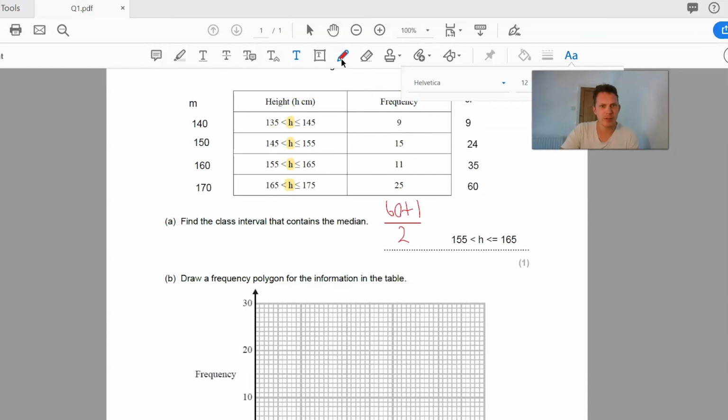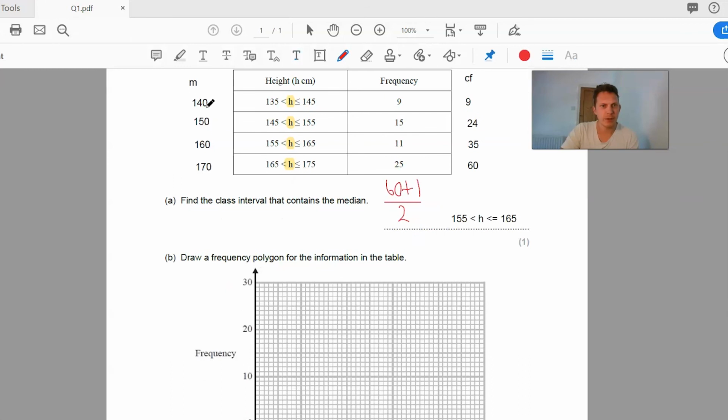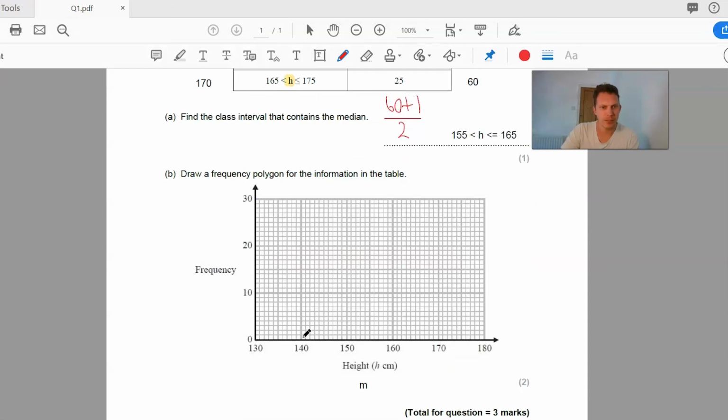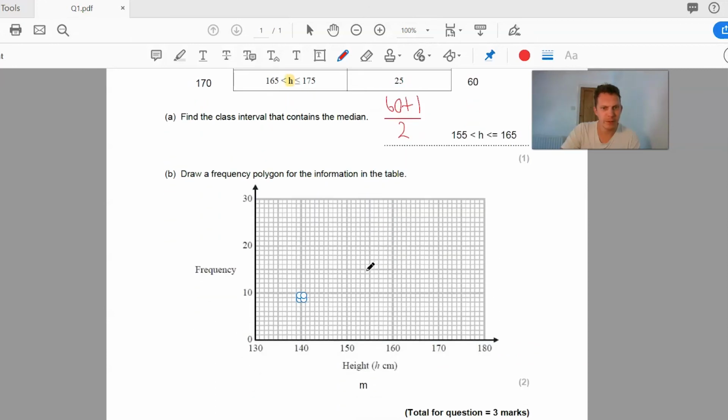So I'm just going to take a pen, and my first one, my midpoint is 140 and my frequency is 9. So 140, I'm going to go up to 9, which is just here. Next one, 150, I'm going to go up to 15. So 150, going up to 15.